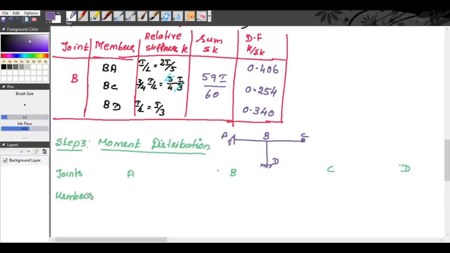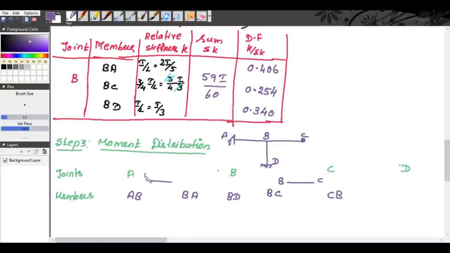Now we will write the members. At A we have the member AB. At B we have 3 members, BD, BA and BC. The reason is this is the span AB, AB, BA. While you are writing at C you have CB, so these both come together because this is one span BC.